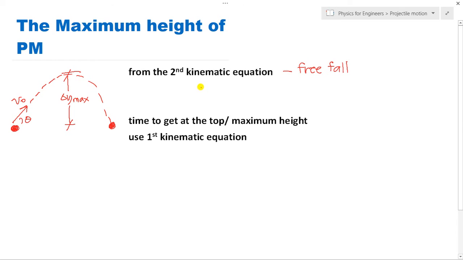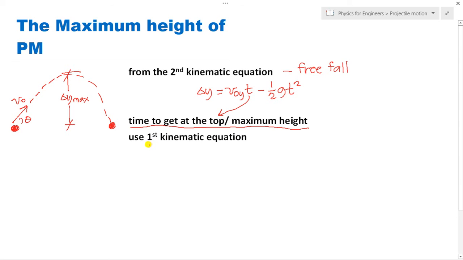So recall, delta y is equal to v naught y t minus 1/2 g t squared. And then, yung t dito is, as stated here, the time to get at the top or the maximum height. So, since meron pa tayong t dito, kailangan pa natin ng isang formula or kinematic equation.